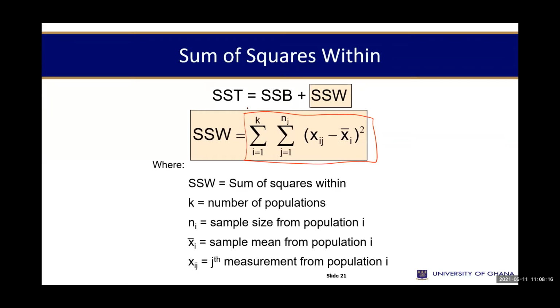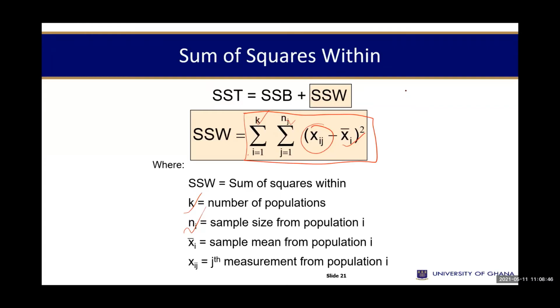So we know what K is in this situation already. We know what ni is again, where i goes to 1, j goes to 1. That is the sample size of the population we are looking at. We already know what X bar is.